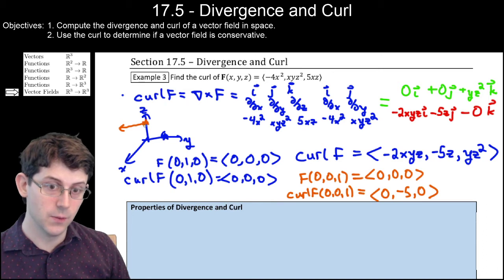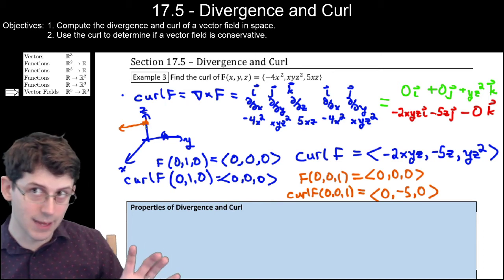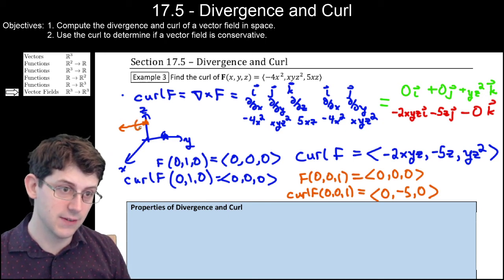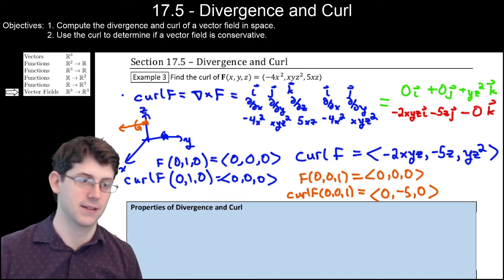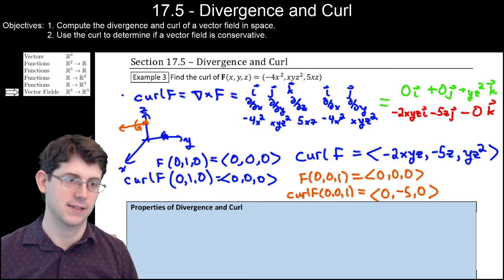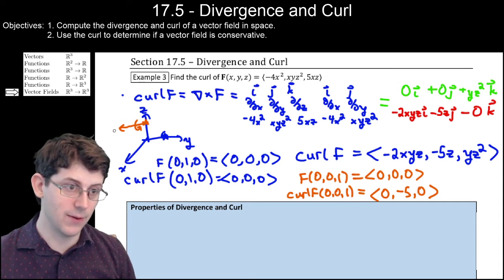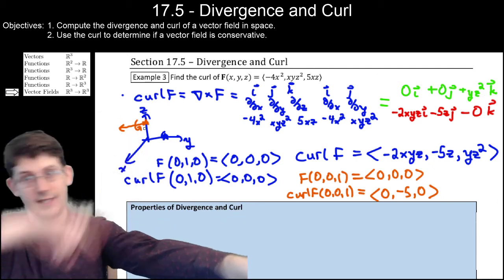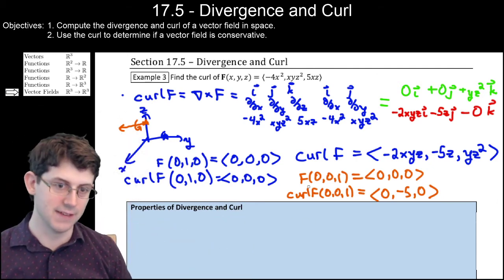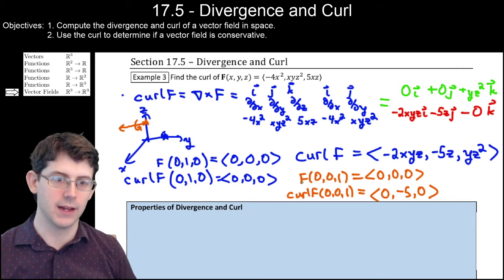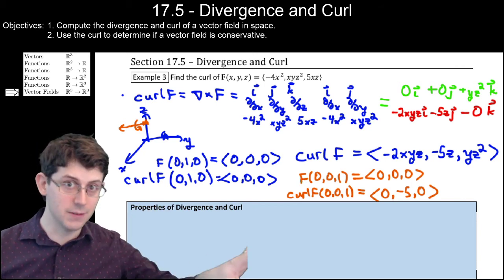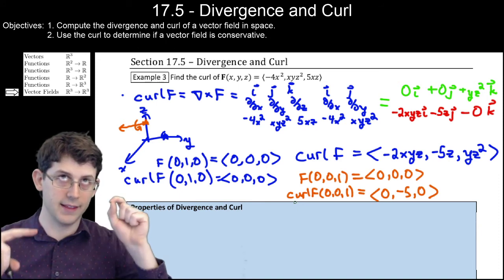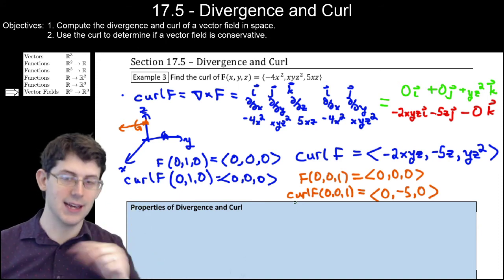At 0, 0, 1, the wind is calm, but if I take a little step, I'll notice that I'm being twisted in some direction. And the twist is around this axis. So it's not like the wind is blowing that way. It's that that's the axis where everything is like a little vortex around that axis. And that's what curl F tells you. So F tells you there's wind at every point. Curl F tells you how that wind causes rotation at each point.